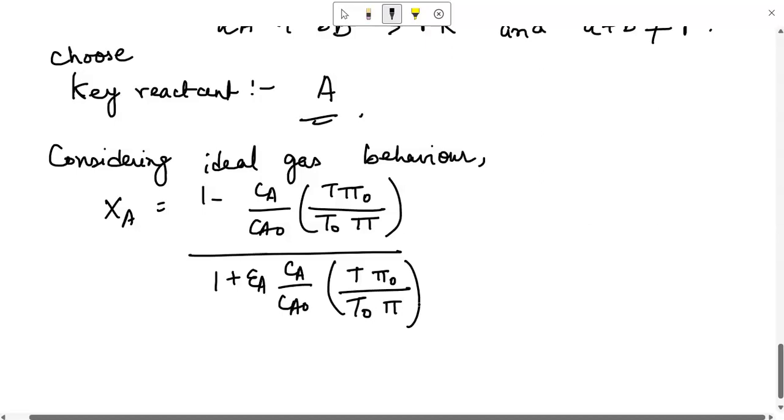Okay, then again you can just interchange the sides and obtain the expression for Ca by Ca naught. So I am leaving this to you, what will be the expression for Ca by Ca naught. All you need to do is interchange the sides for the expression that I have just written down.